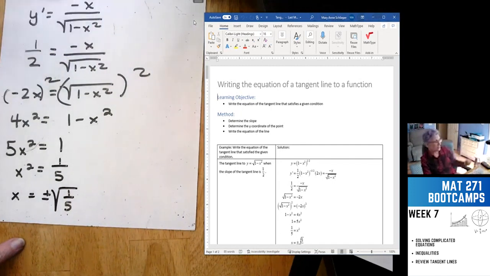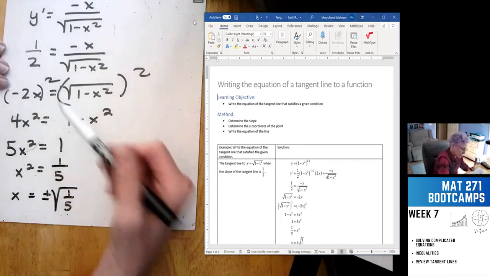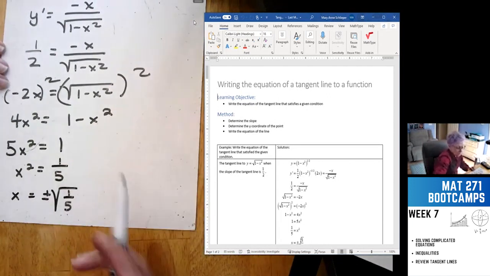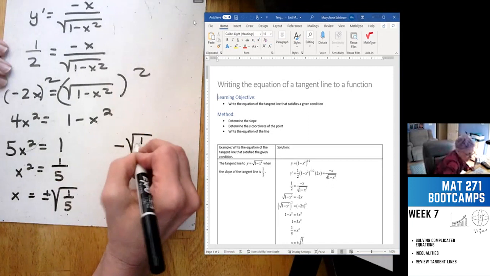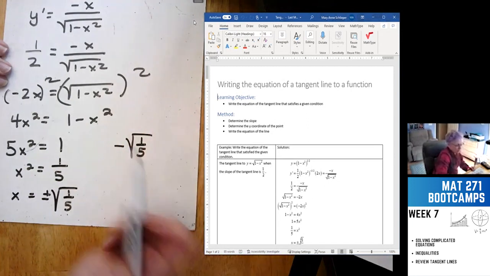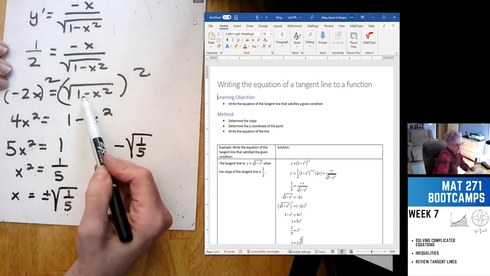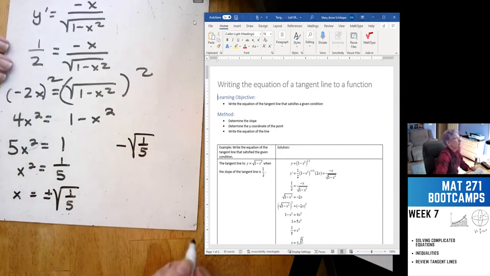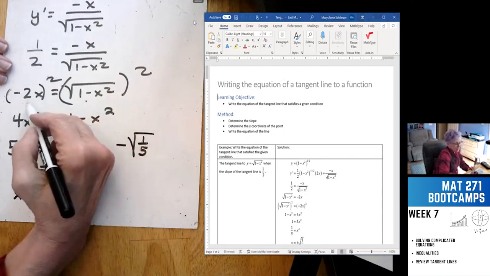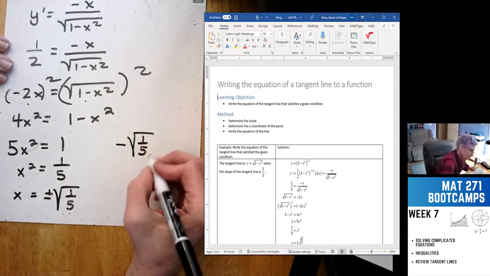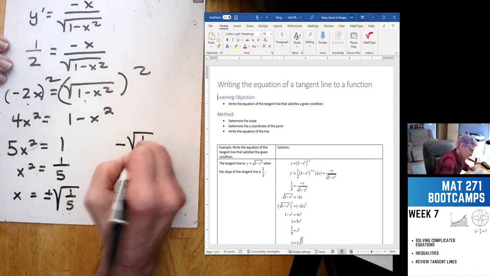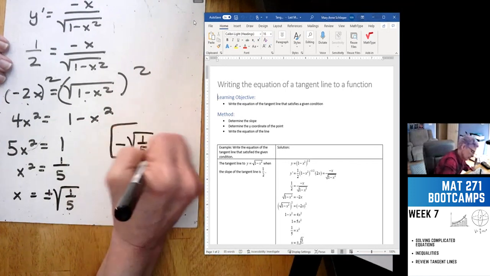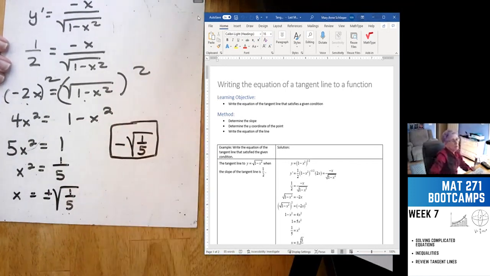You have to go back up to the tippy top and see which one or if any of them work. And the only one that works is negative square root of 1/5, because if you put the positive square root over here, it's not going to work for you because this would be positive and that would be negative. So this is going to be the x value that we need.